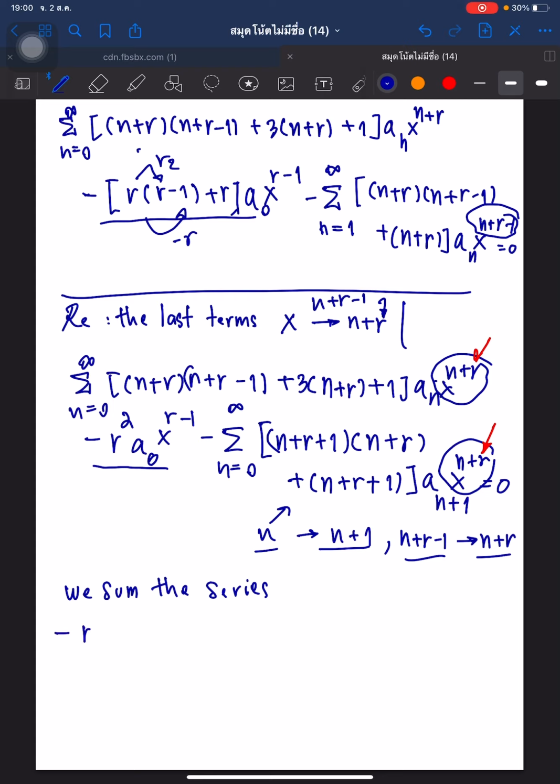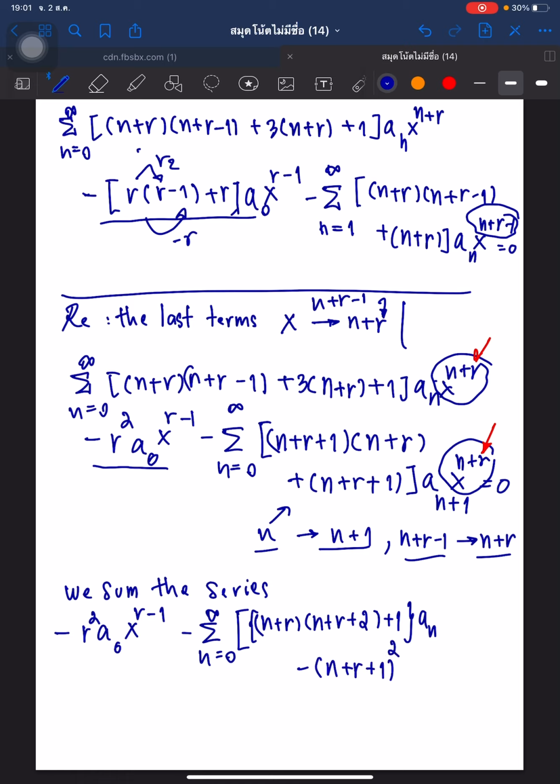The right beginning x to the r minus 1 minus the sum of n equals 0 to the infinity of n plus r and n plus r plus 2 plus 1 a n of the bracket minus n plus r plus 1 square a n plus 1 from this term. Our bracket is x to the n plus r because it is the same term.